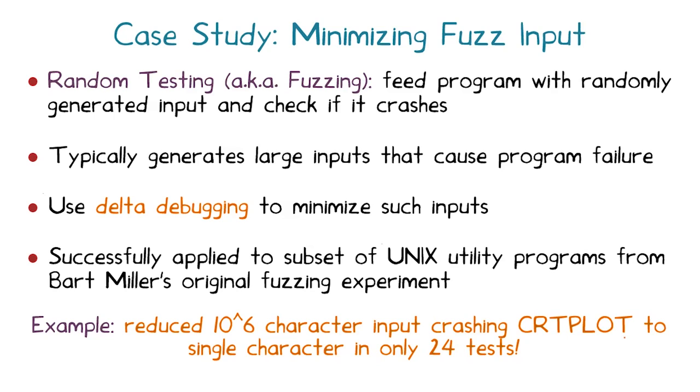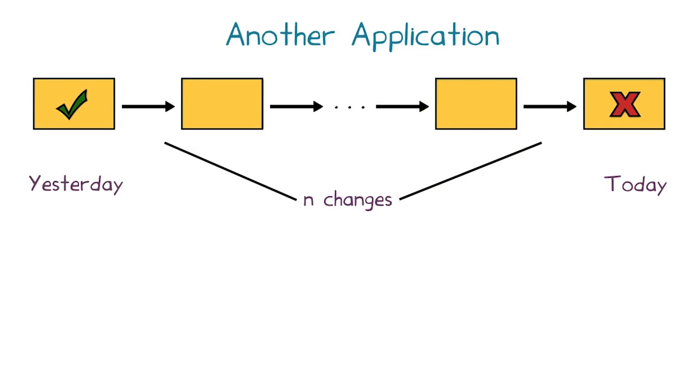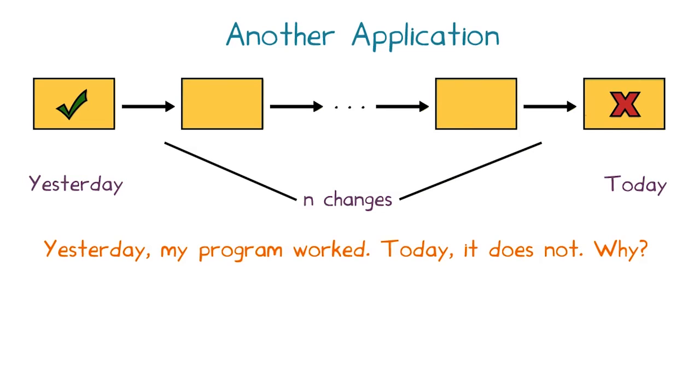Yet another application of delta debugging is to isolate changes to source code that cause program failure. You likely have had this experience. One day your program works fine, the next day it does not, and you need to figure out why. Perhaps the amount of code that's changed is quite large.